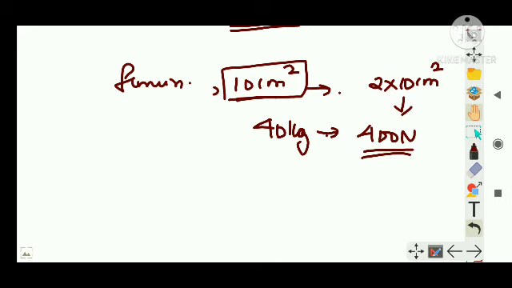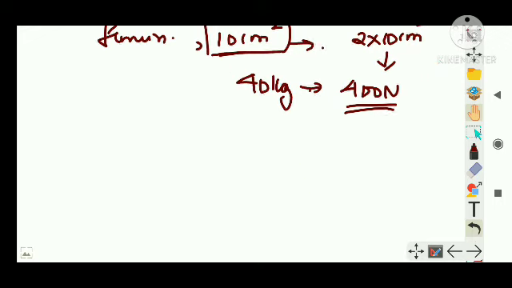Next, we'll go to Pascal's law itself, then we'll go to variation of pressure with depth. Clear? So what does Pascal's law state? I'll go for the statement first, then I will explain it throughout.